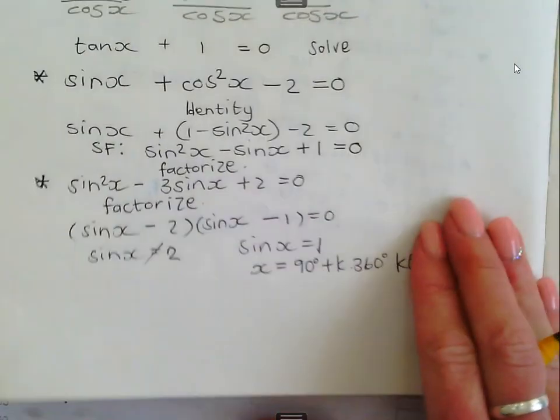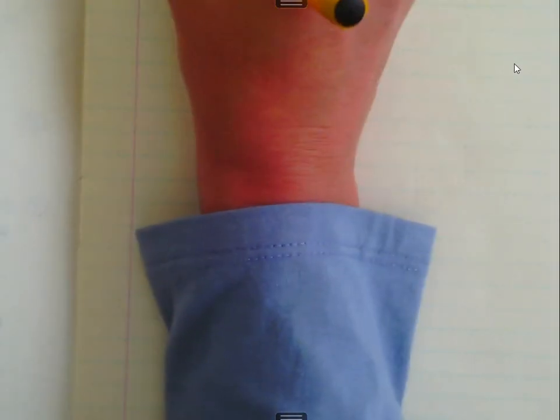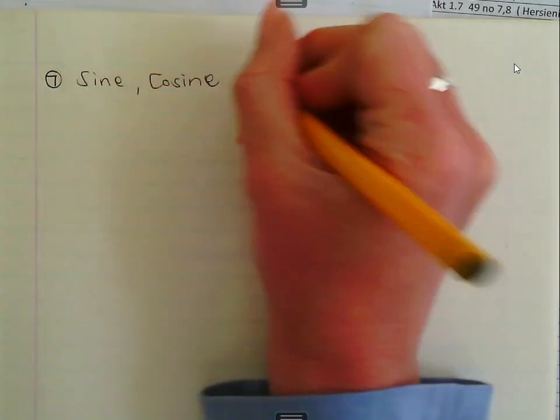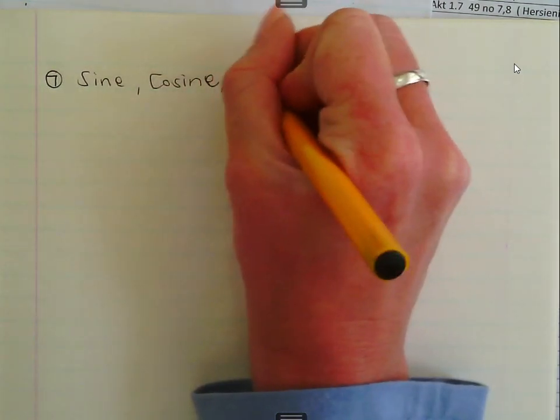Alright, the last thing, number 7. Sine, cosine, area rule.